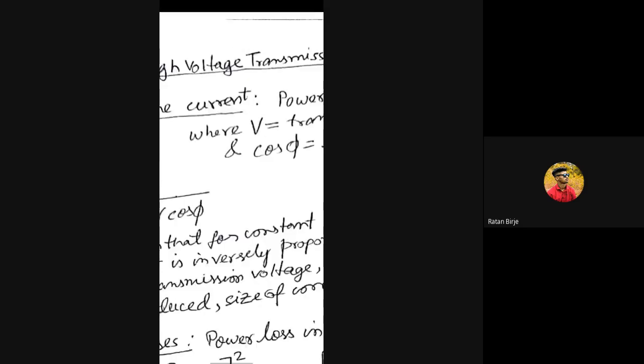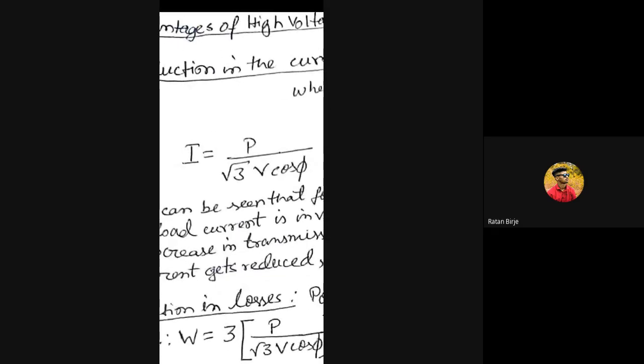For the three phase, P equals root 3 VI cos phi. That means, just interchanging the places, I equals P divided by root 3 V cos phi, which is this. Yes or no? Yes, ma'am.